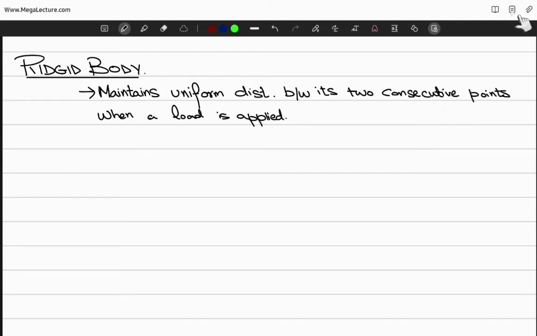So consider that this is my body and there are these 2 points. I pick these 2 points for reference and I apply a force on this object. The distance between these 2 points remains constant even if I apply this force on it. If that's the case, then this body is said to be a rigid body.